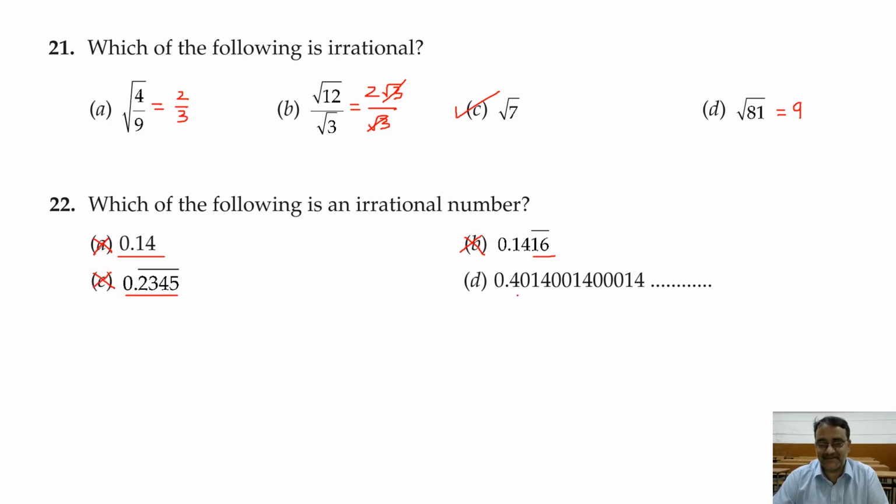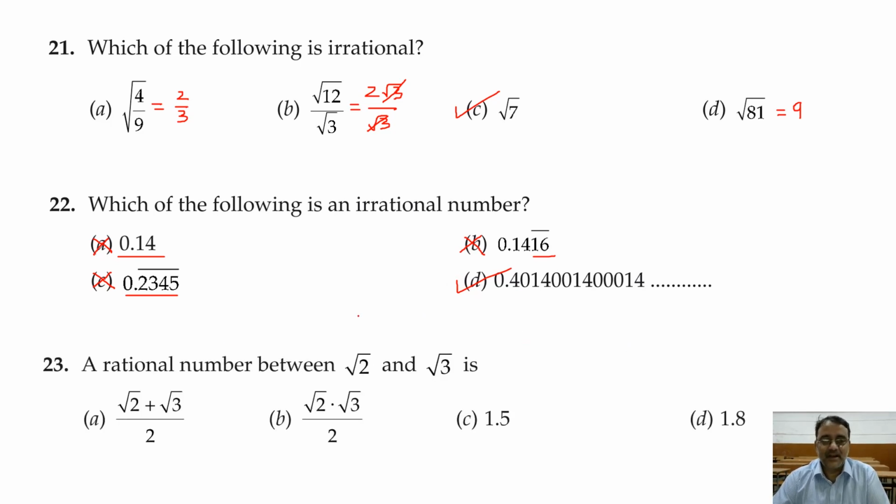Only one option is left, option D. Yes, because this is non-terminating, non-repeating. So option D is the correct answer. Now we are moving toward question number 23. A rational number between root 2 and root 3 is dash. Root 2 plus root 3 by 2, root 2 into root 3 by 2, 1.5 and 1.8. Option A, sir.